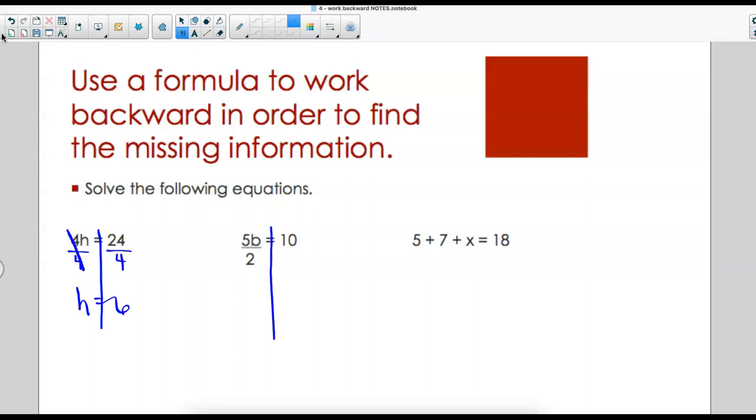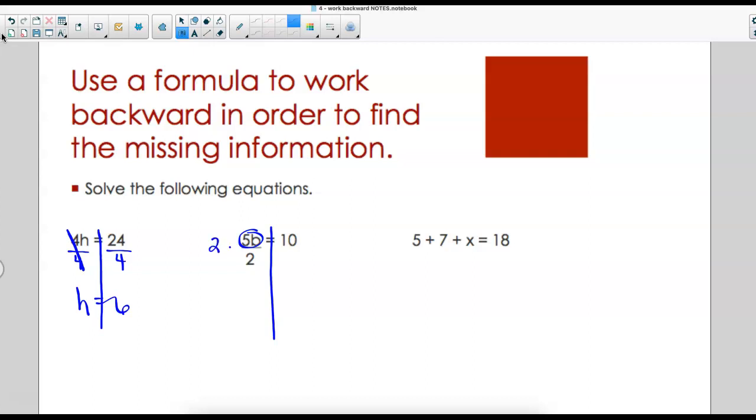If I draw a line by the equal sign. This one's kind of a 2-step problem, but the variable has a best friend that they're stuck together. What's the variable's best friend? 5. So these guys are stuck together. So we have to first of all get rid of the 2. How do we get rid of the 2?